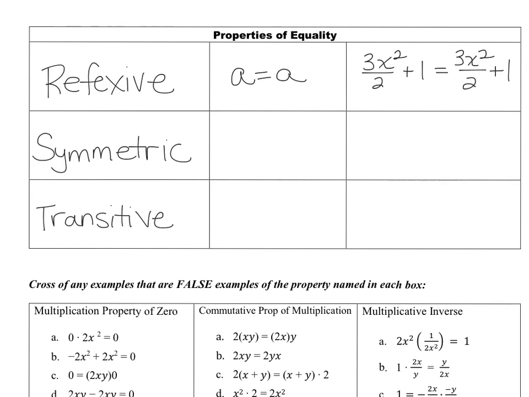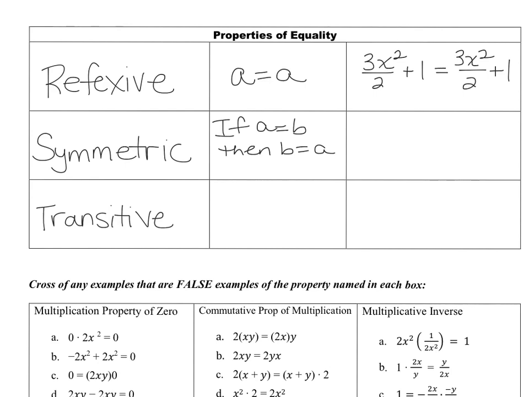The next one is called the symmetric property. The symmetric property simply says if A equals B, then B equals A. So what this is saying is if I have an equation and I just switch what's on one side of the equation, they're still the same.